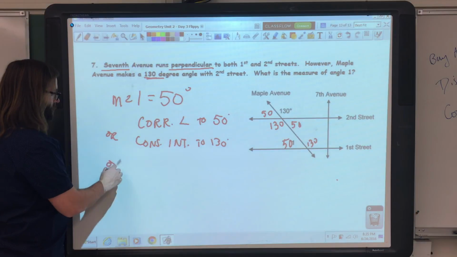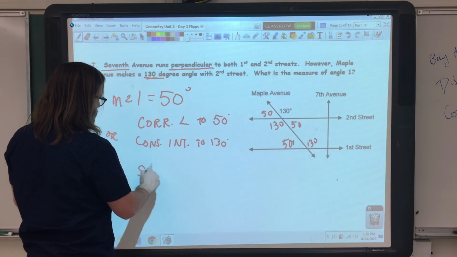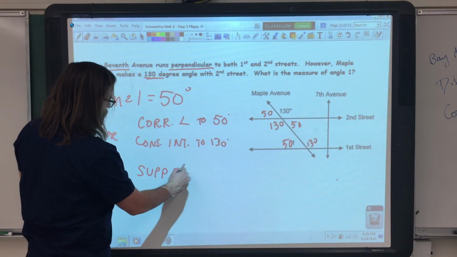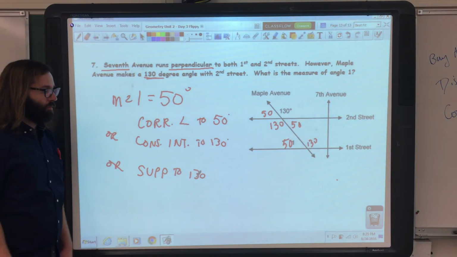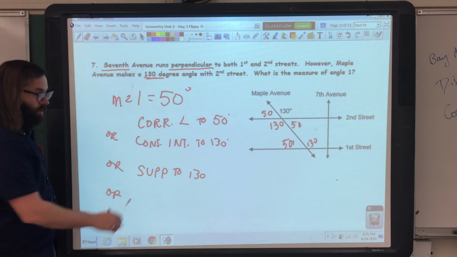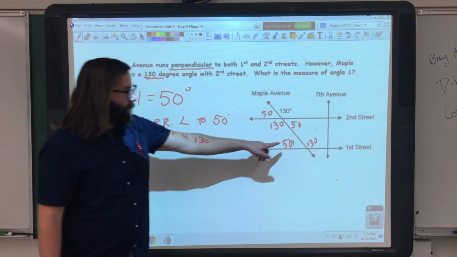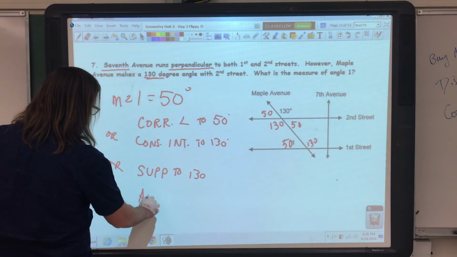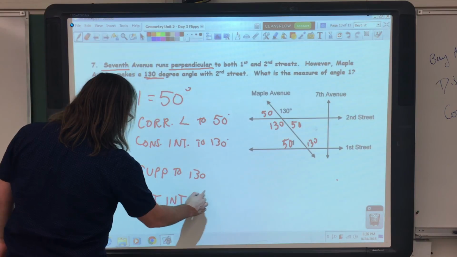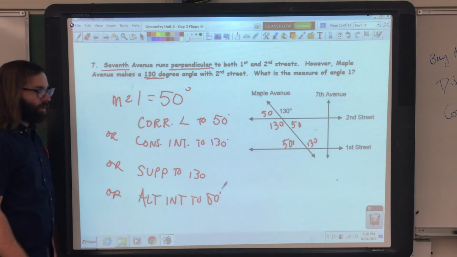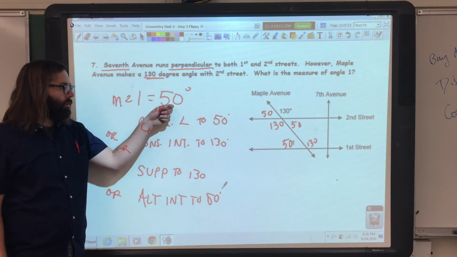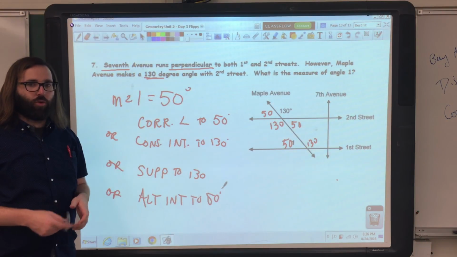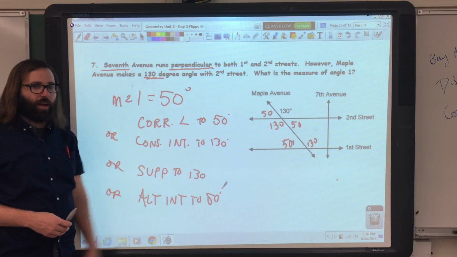Or you could say supplementary to this 130. Or you could say it's alternate interior to this one, to 50. Okay, there's multiple ways you could figure out that it's 50. Now you have a lot of tools in your toolbox for these types of diagrams.